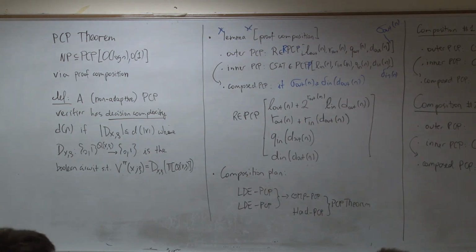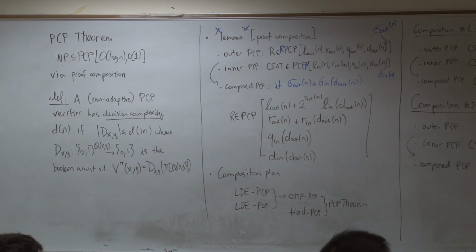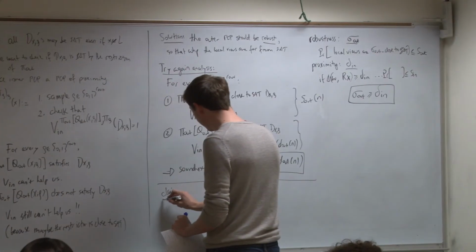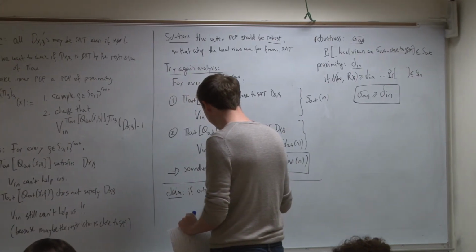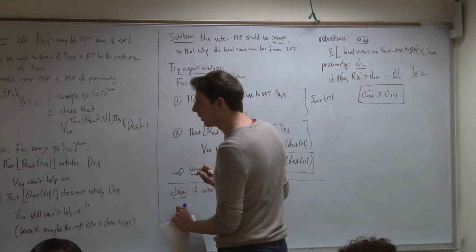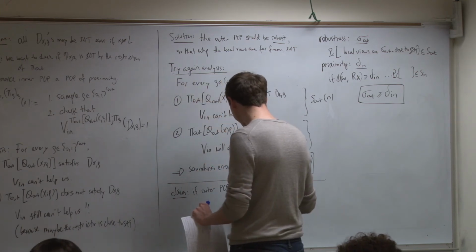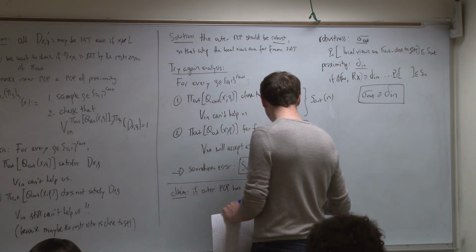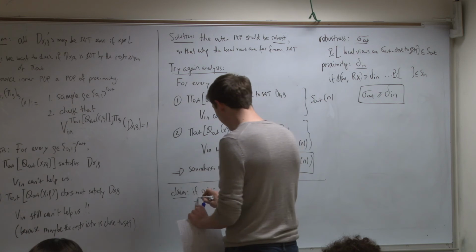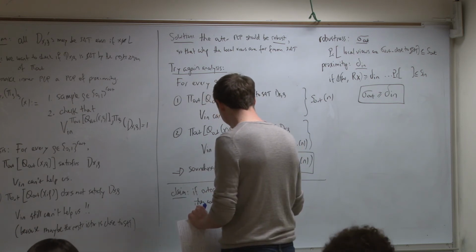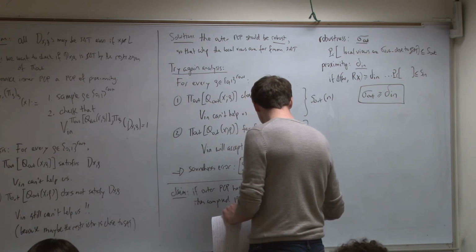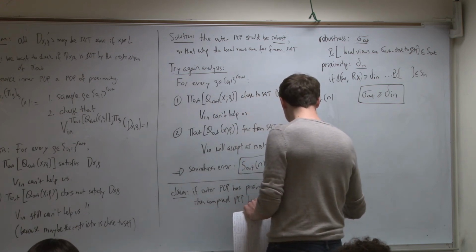So the next claim is that if the outer PCP has proximity delta out n, then the composed PCP has proximity delta out n.